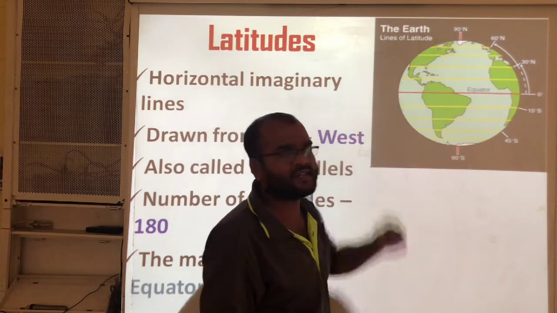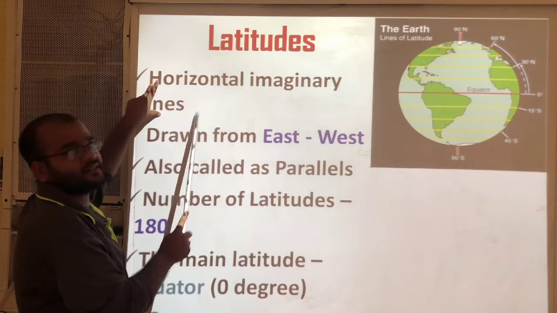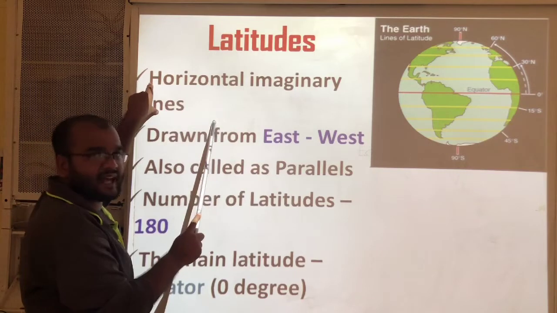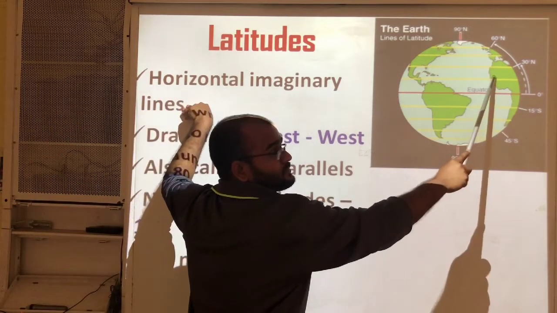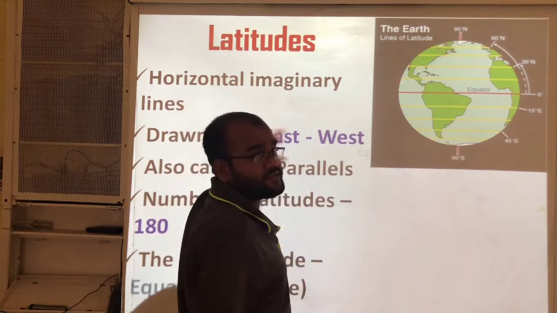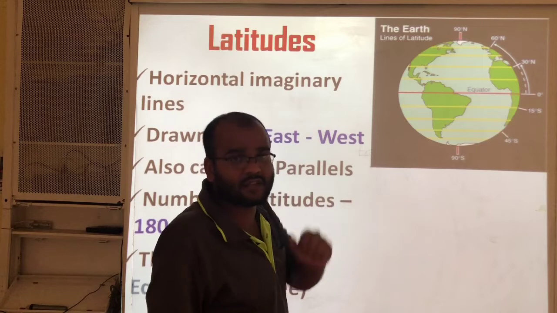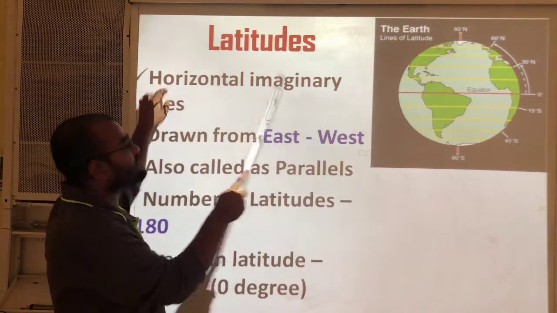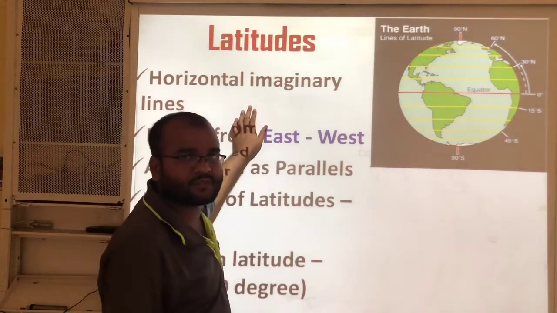What are all these lines? Horizontal imaginary lines. Latitudes means horizontal imaginary lines. All these are horizontal lines and these are imaginary, just drawn on the globe but not present on the earth. This kind of horizontal imaginary line is called a latitude.